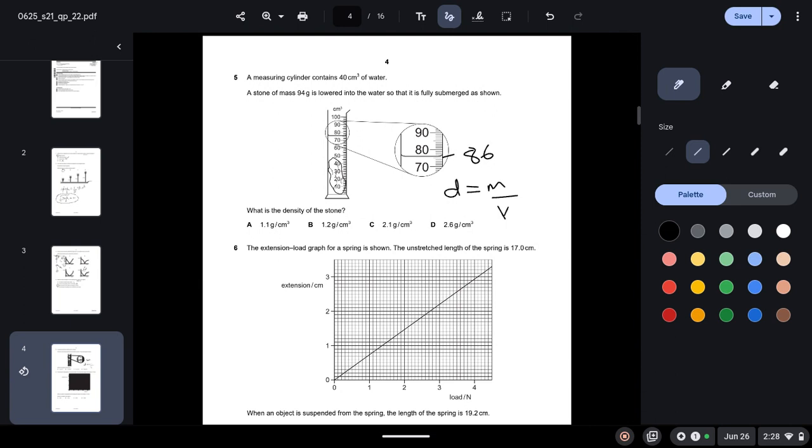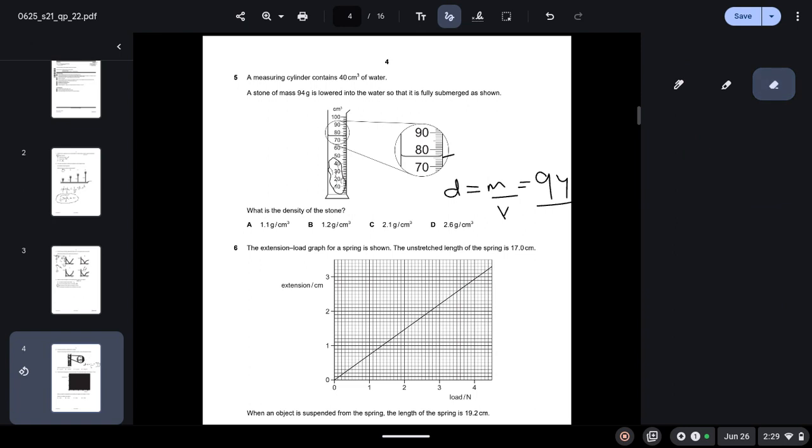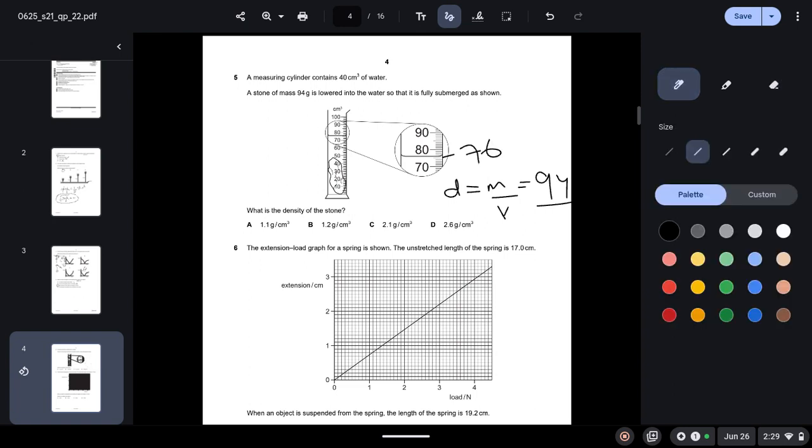Mass we have 94 grams, and volume we can calculate by subtracting. So 76 minus 40 will give you the volume of the stone, which will be 36. So just plug this in your calculator and your answer will be D.